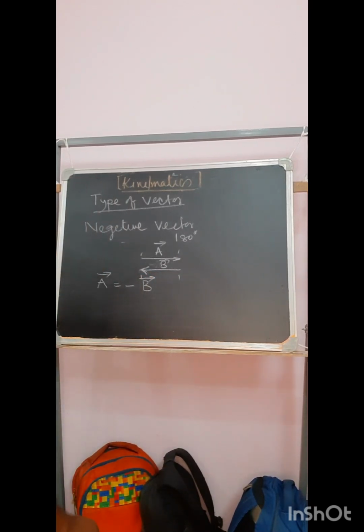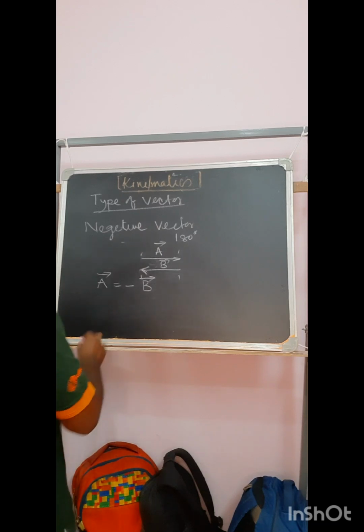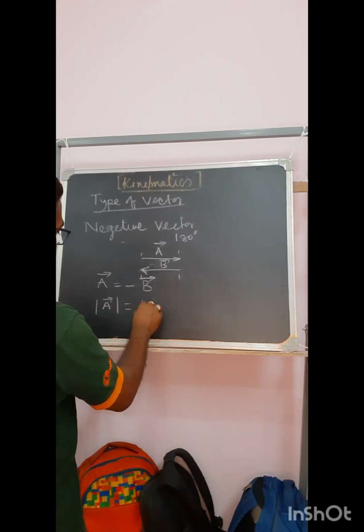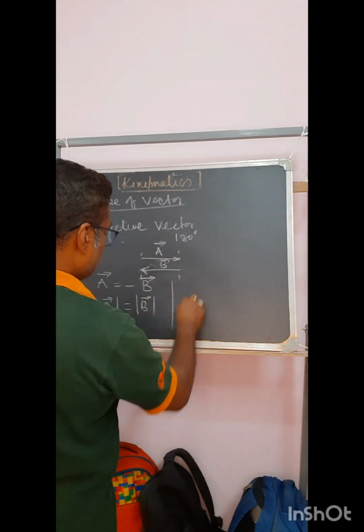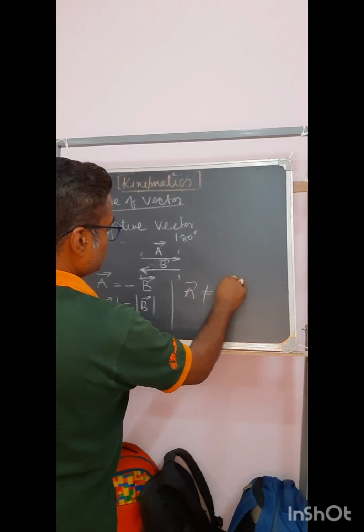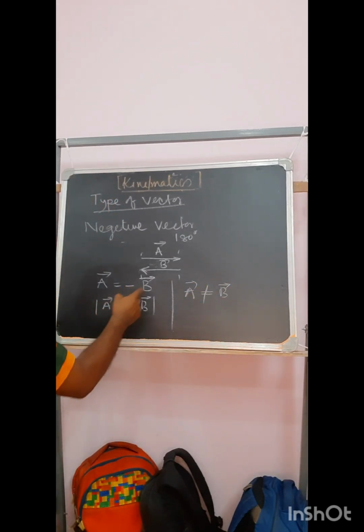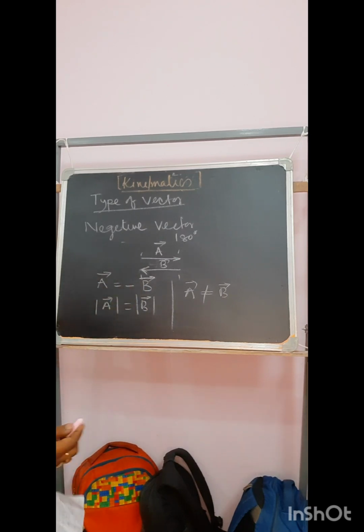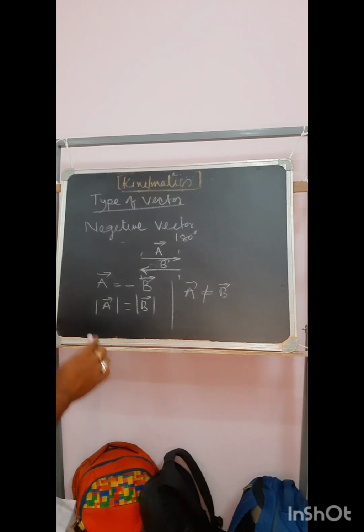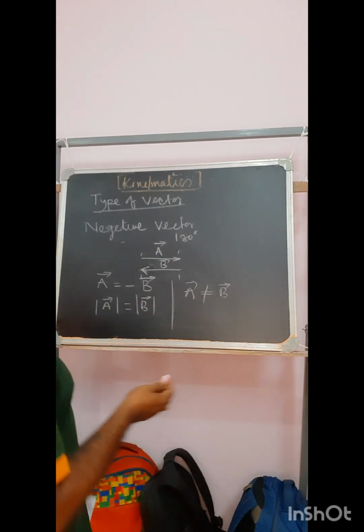It must be the opposite vector and the magnitude is the same. But we cannot write vector A equals vector B. It is wrong, because a vector is defined not only by the magnitude but also the direction.